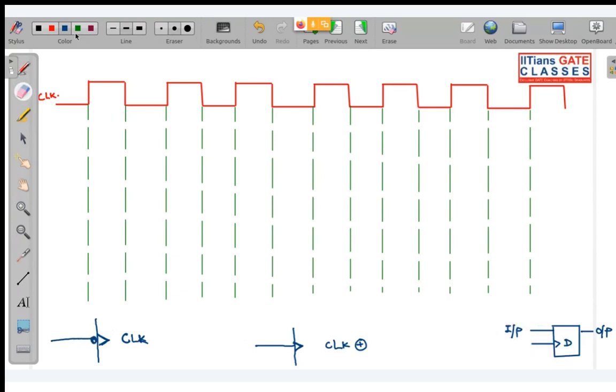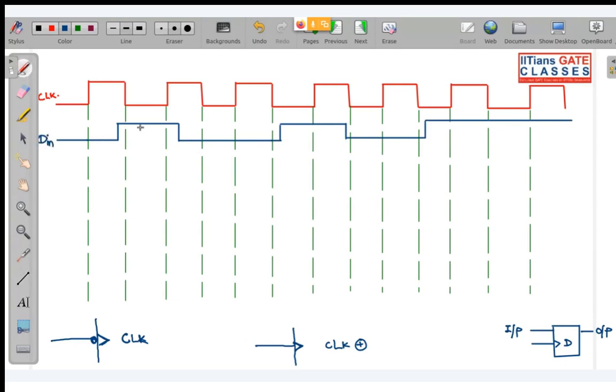Note this till the time I generate one random input. So this is the input to the D flip-flop, D in.